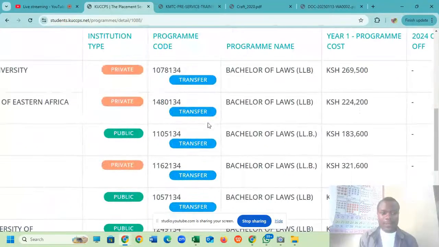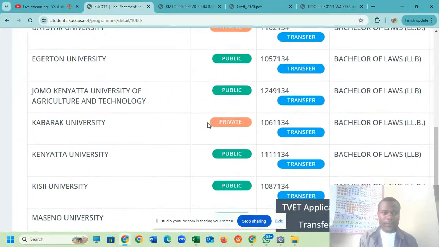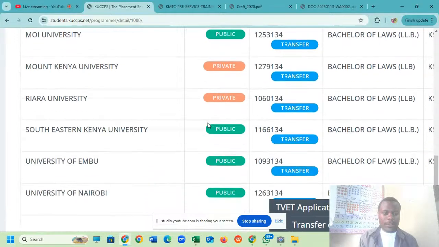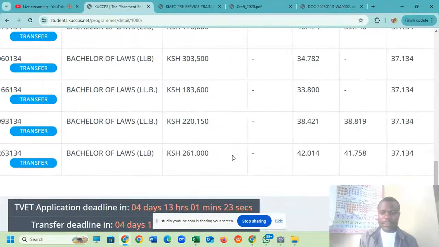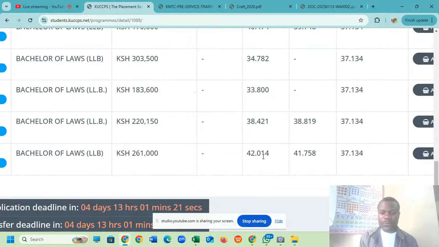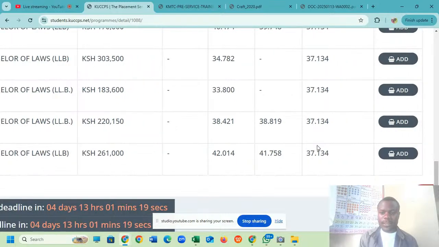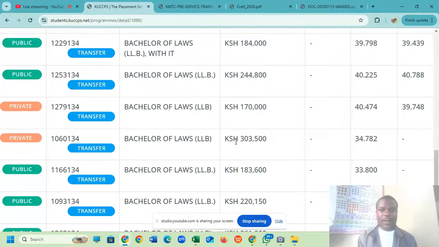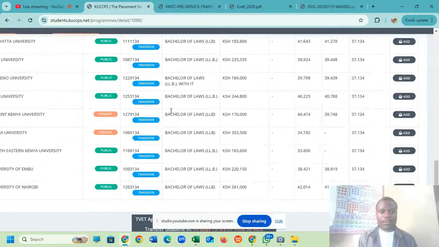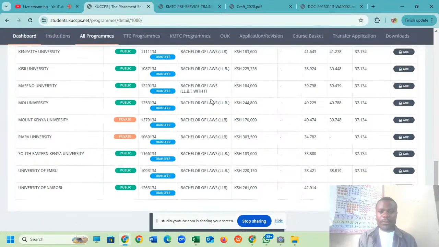Now let's take an example of the University of Nairobi. So University of Nairobi, its cluster points are 42 and the student has 37 points. So this means that this student doesn't qualify to apply for Bachelor of Laws at the University of Nairobi. Apart from this, we also have what we call subject requirements.